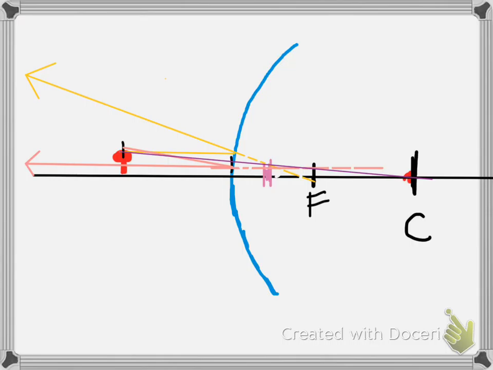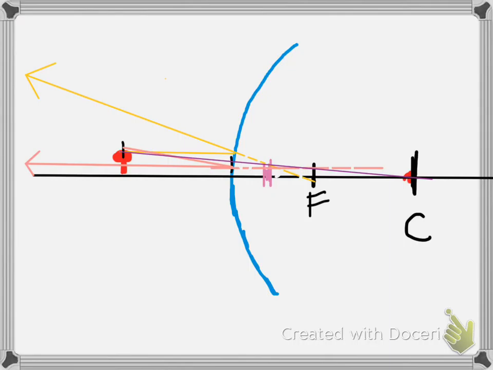Is it as predicted above the principal axis? Yes. Is it shorter than the object itself? It's tough to tell because the scale's pretty bad, but it sure looks like it. It doesn't look like half to me, but again, we're not getting hard mathematical numbers here. We're getting a rough idea. Looking at this, I'd say that that's smaller.